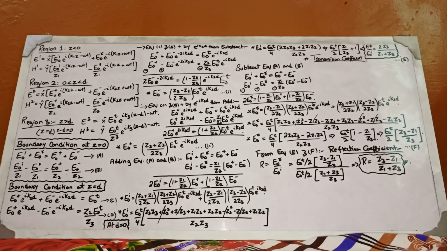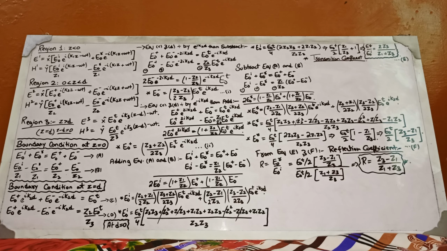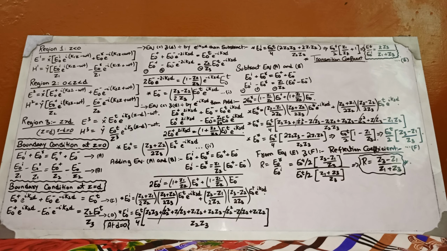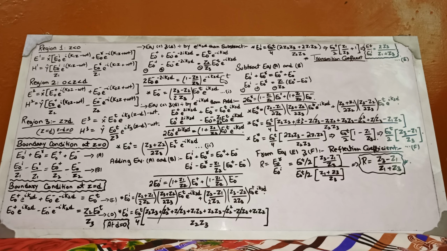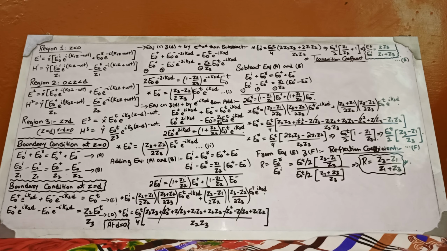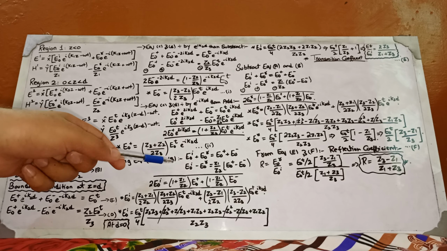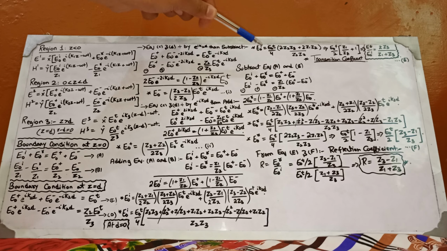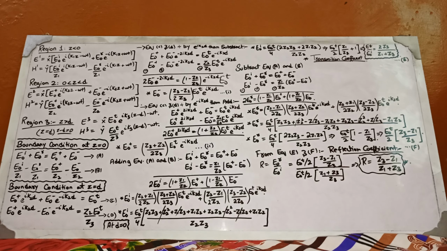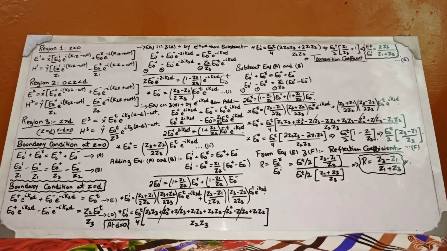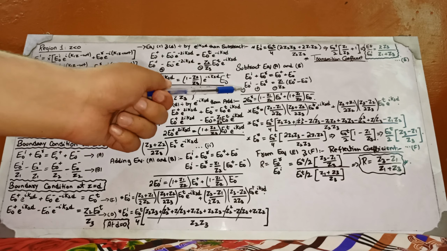Now our task is also to find the reflection coefficient. To do so, as you know that here we added, now you have to subtract the same equations A and B to find the reflection coefficient. After subtracting these equations, you will get this.